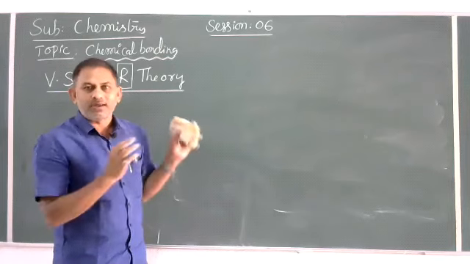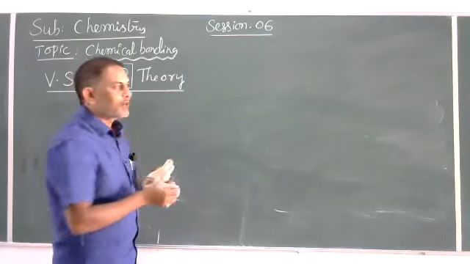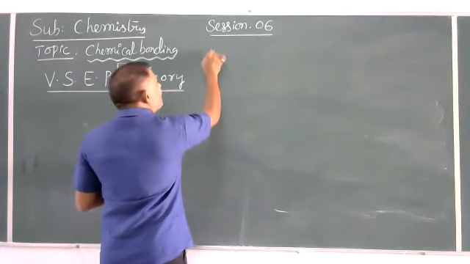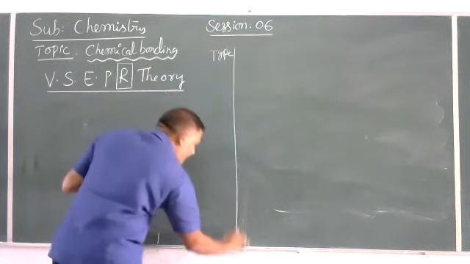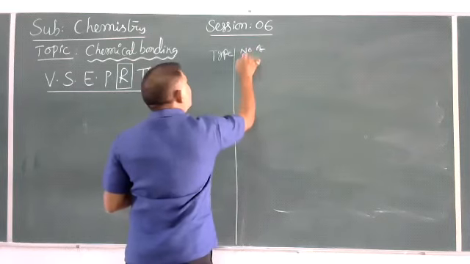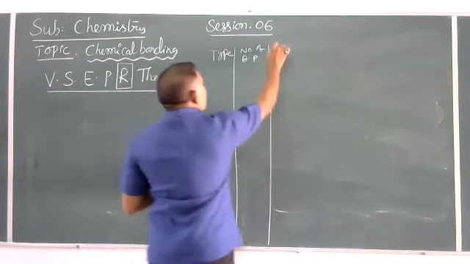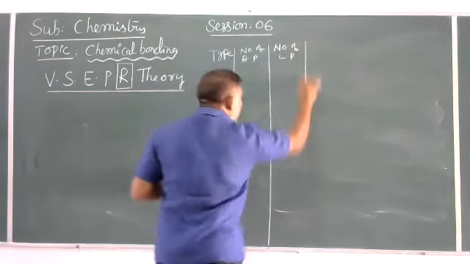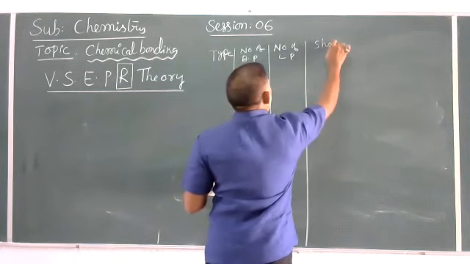Such questions are regularly asked in objective examinations. So here, the type of molecule, the number of bond pairs, the number of lone pairs of electrons, and the shape of the molecule.